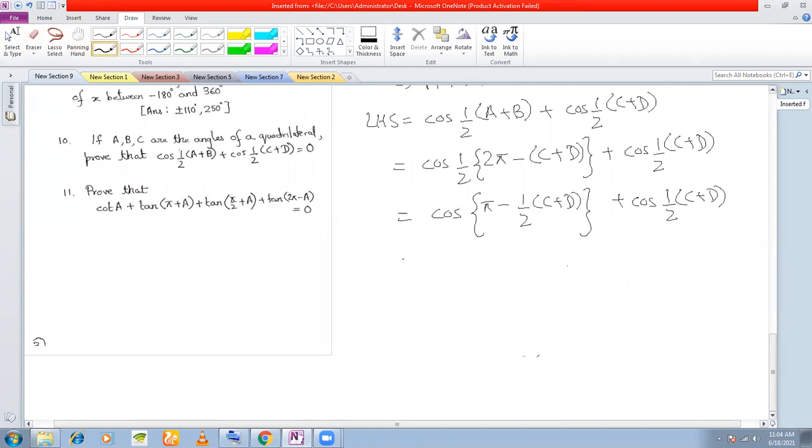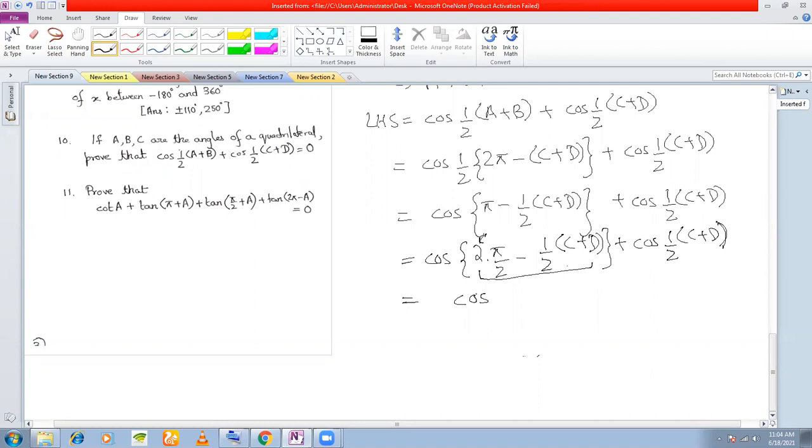Now pi is what? 2 into pi by 2, minus half. You write pi as a multiple of 90 degree or pi by 2. Now you see we have an even multiple, so cos will remain a cos, right? Now which quadrant is this angle in? 2 into pi by 2 minus, that means this is in the second quadrant in which cos is negative.